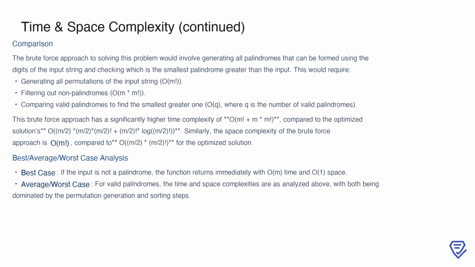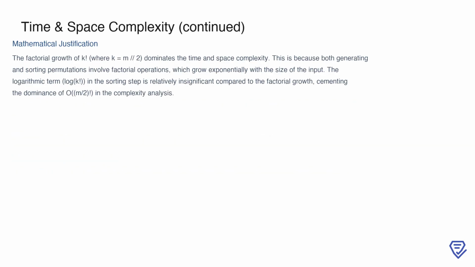In the best case, where the input is not a palindrome, the optimized solution quickly returns with m time and 1 space, while the average and worst cases follow the previously analyzed complexities. The mathematical justification for the time and space complexities lies in the factorial growth of k!, where k equals m divided by 2. Both generating and sorting permutations involve factorial operations, which grow exponentially as the input size increases.